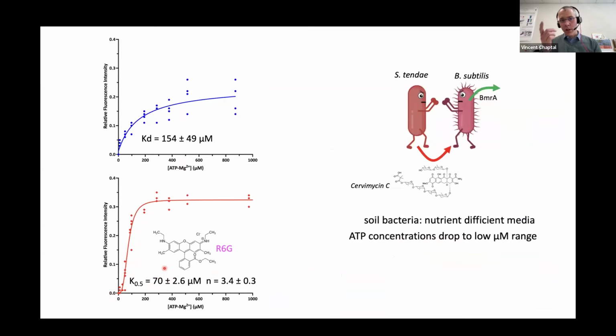This is relevant because these two bacteria, as I told you, are soil bacteria, and it's a nutrient-deficient medium. ATP concentrations in the cell, if you're growing in LB in exponential phase, are about 5 millimolar. But if you go to nutrient-deficient places, even in LB in the lag phase or the plateau, the ATP concentrations drop, and this concentration range becomes very relevant.